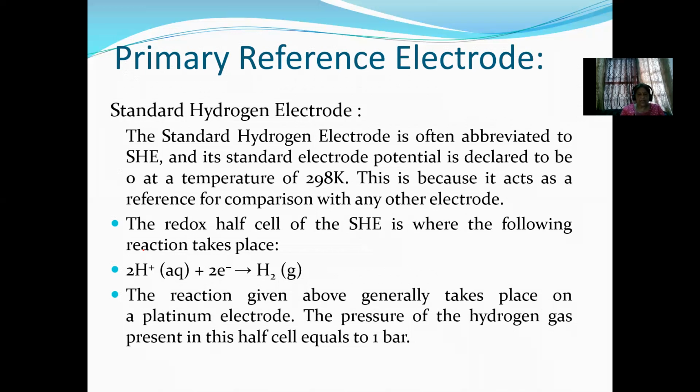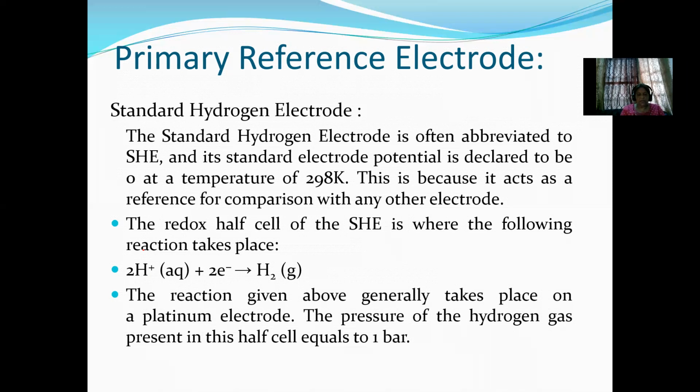Because the standard hydrogen electrode has an electrode potential of 0. That's why it is known as the primary reference electrode. Its potential is declared to be 0 at a temperature of 298 Kelvin, because it acts as a reference for comparison with any other electrode.